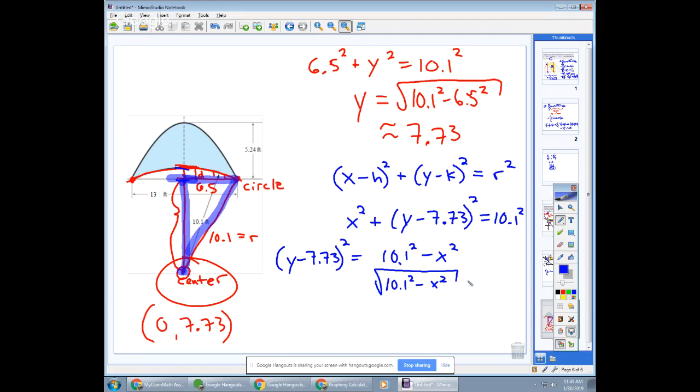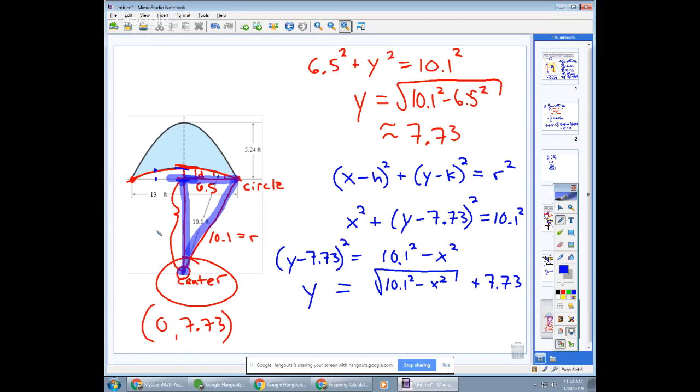And then add the 7.73 over, outside the square root. Technically it's plus or minus, but I only want the top half, so I'm just going to go with the plus. So that's the equation of the whole top half of the circle. That would give me, for example, this y value right there if I knew its corresponding x value.